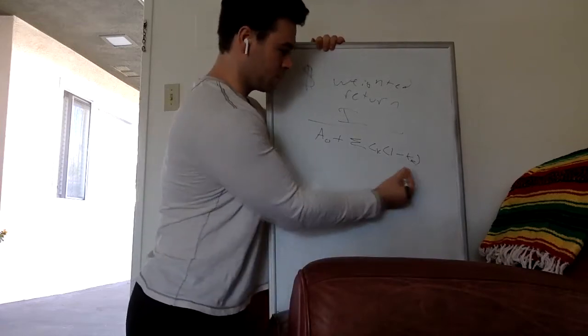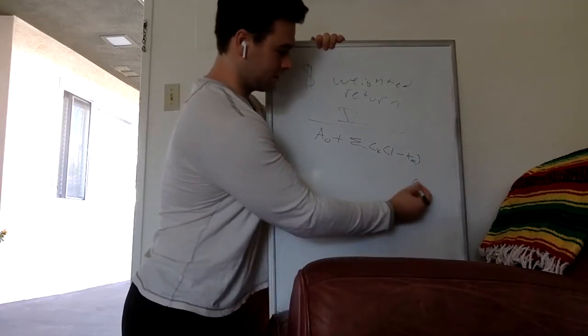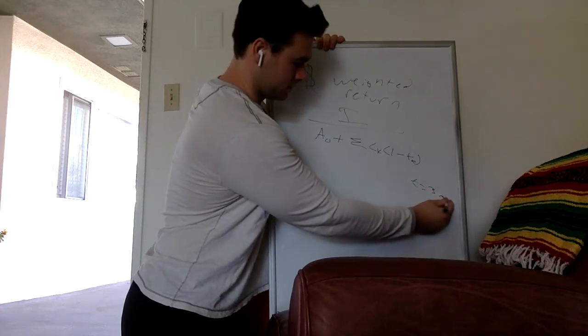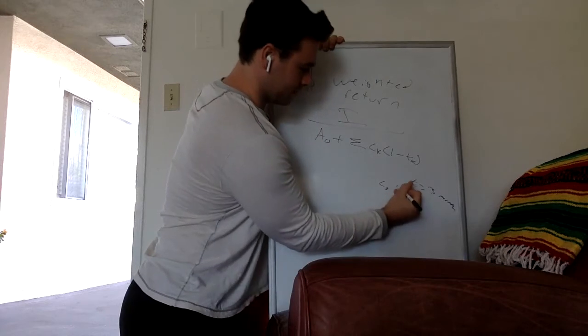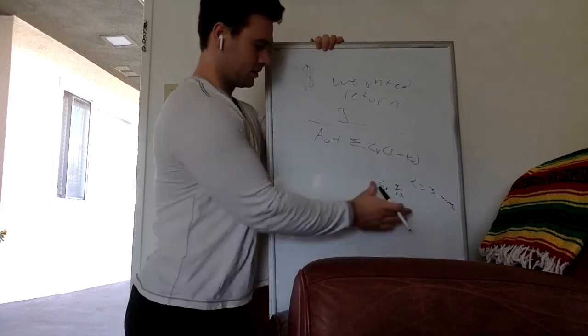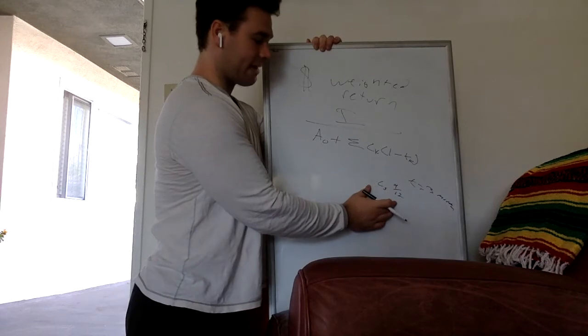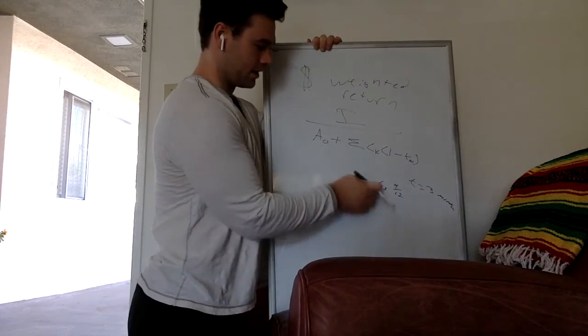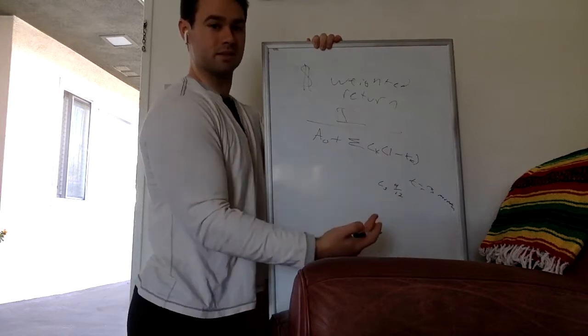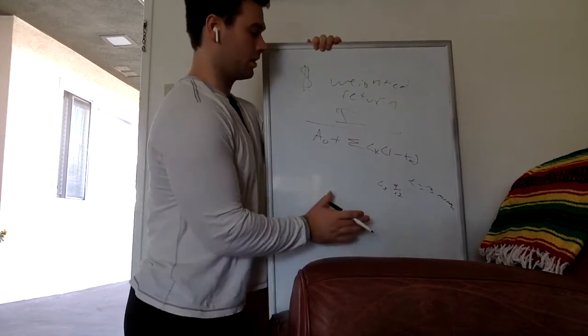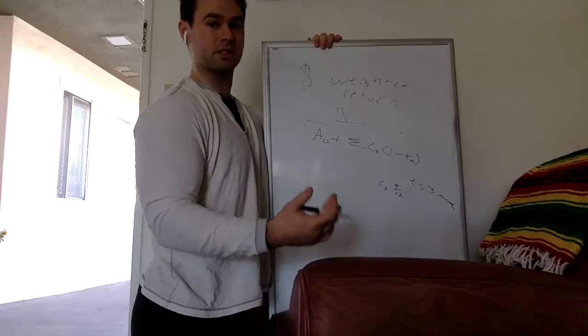So if we're in here for 3 months, let's say, if t is equal to 3 months, we know that the C_k at time 3 months would be multiplied by 9/12. So that's how much time we have left in the year. That's just because if the money isn't in the bank account as long, it shouldn't have as big an impact compared to the rest of the money that was in there for longer.